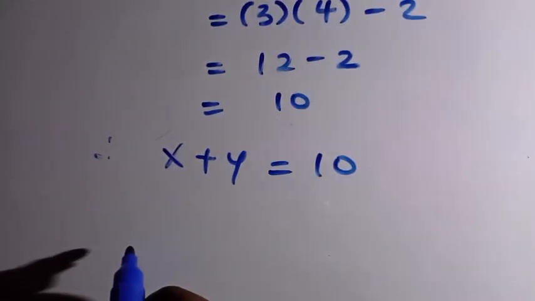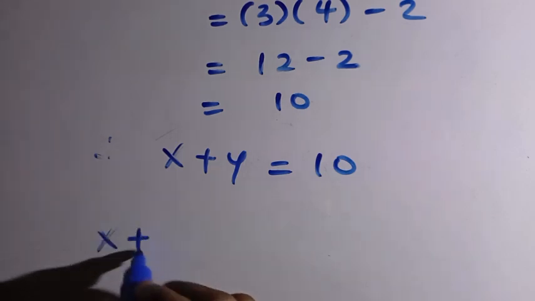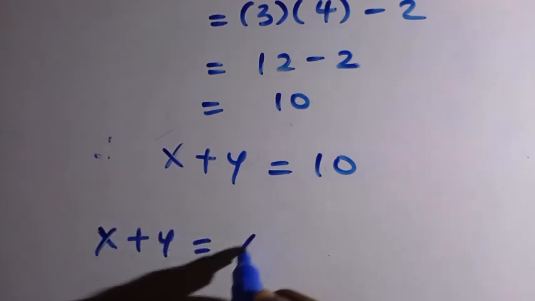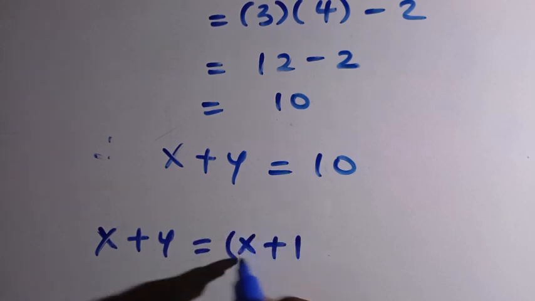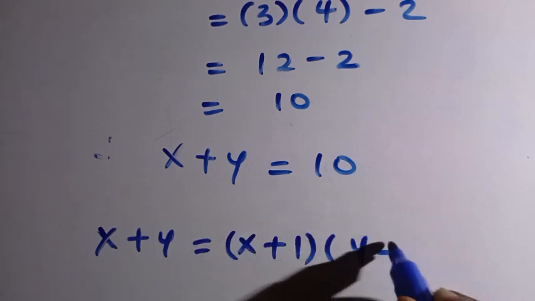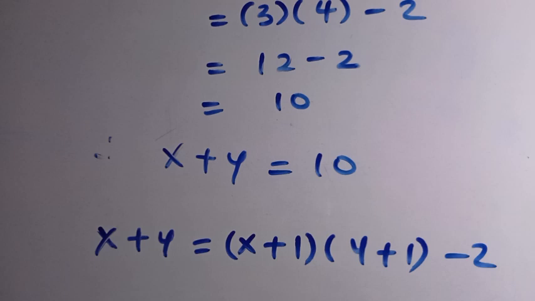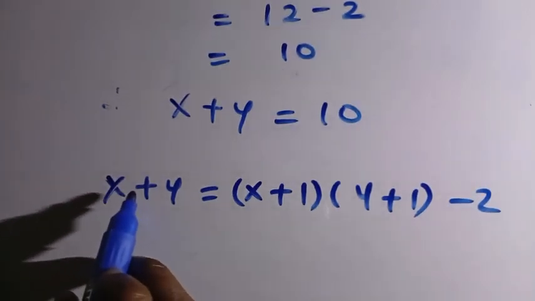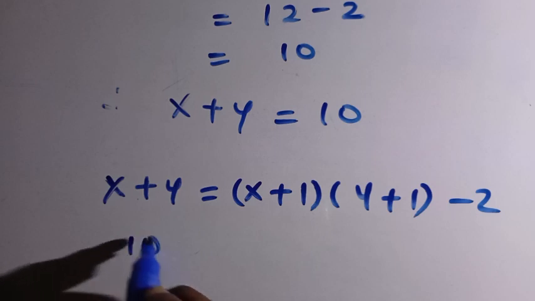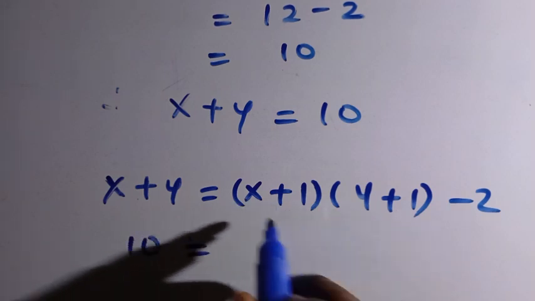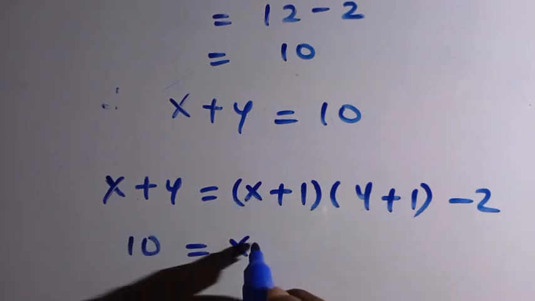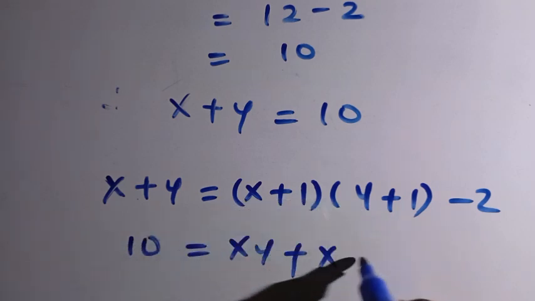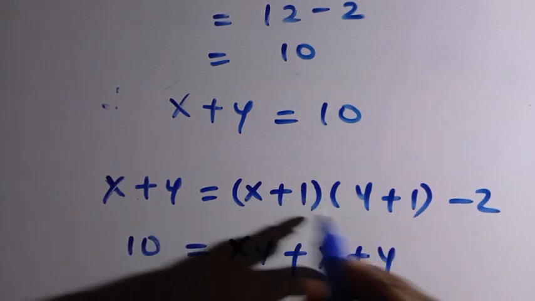From the question, if this is x + y, from where we start verifying, I said it is (x + 1) multiplied by (y + 1) minus 2. And suppose I replace this x + y with 10, then let's expand this: x times y is xy, plus x times 1 we have x, 1 times y is y, and 1 times 1 is 1, minus 2.